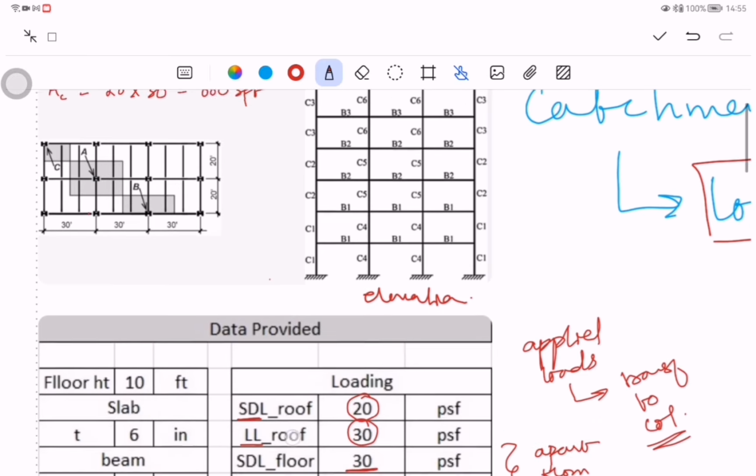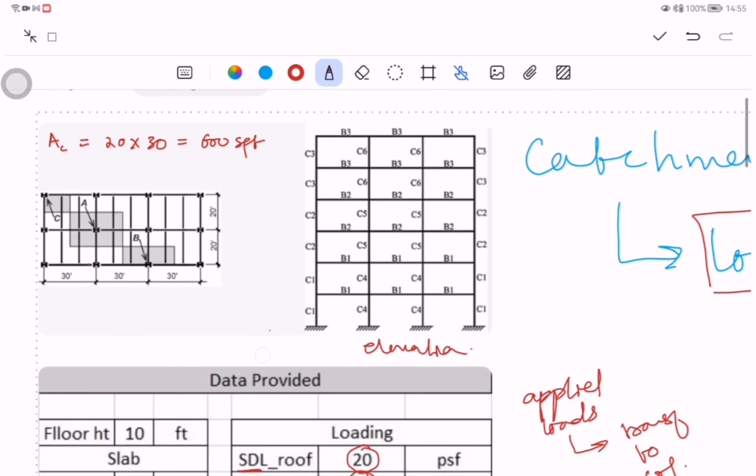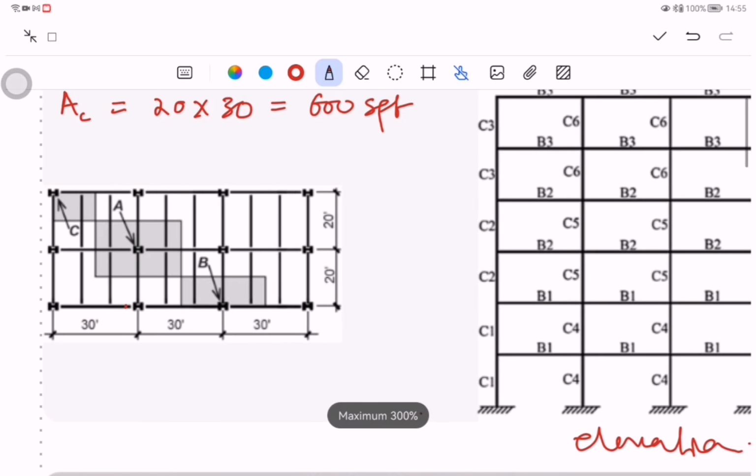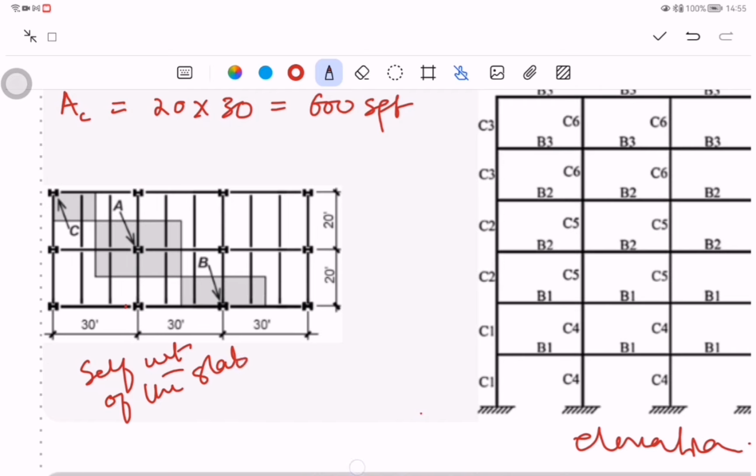Apart from applied load, what else should be transferred? Obviously, the self weight of the slab, and we will look into how to calculate it shortly. The self weight of the slab shared by this catchment area will be transferred to my column.